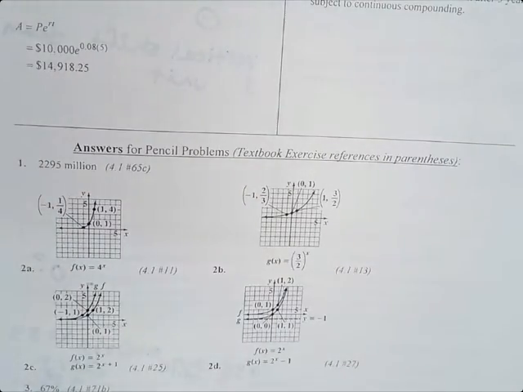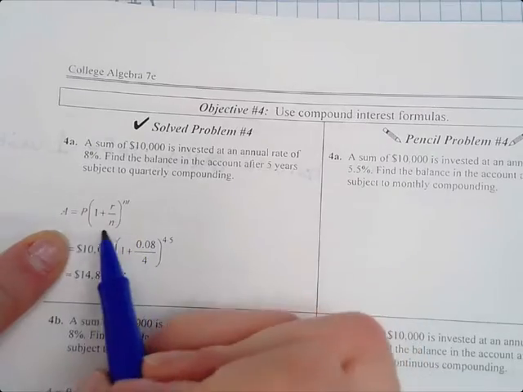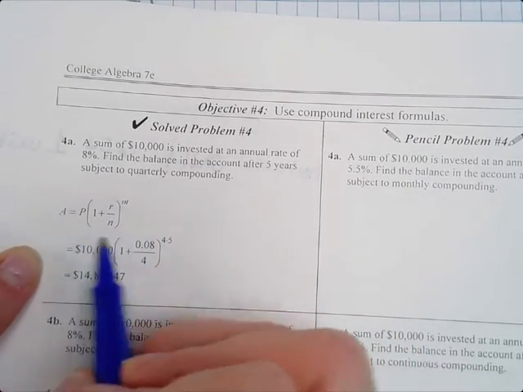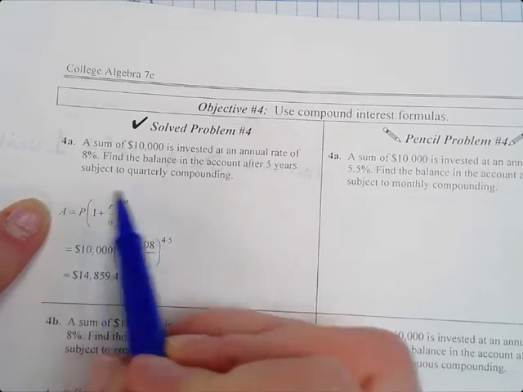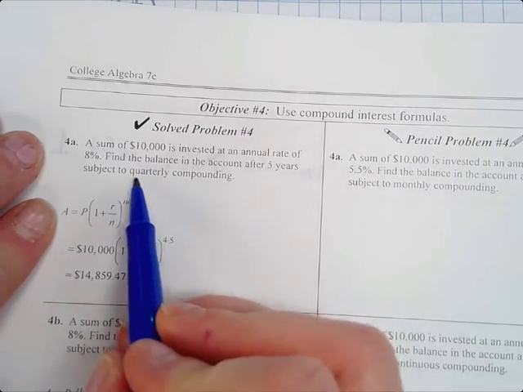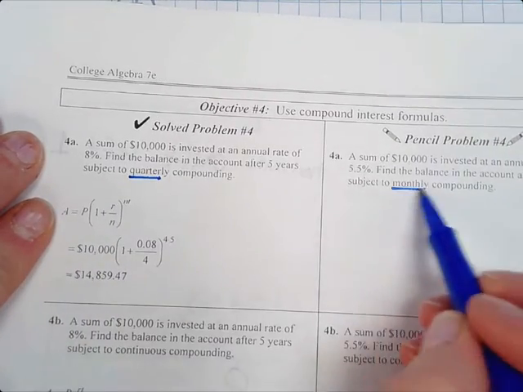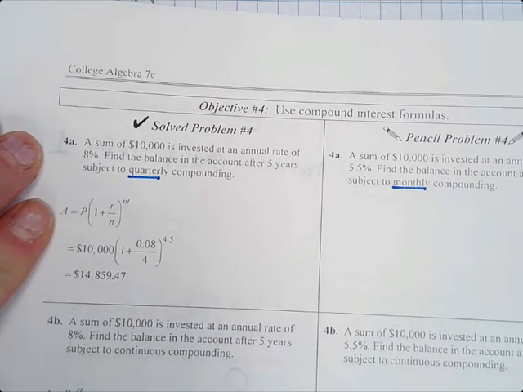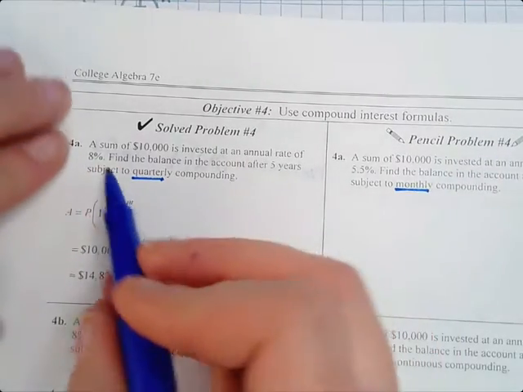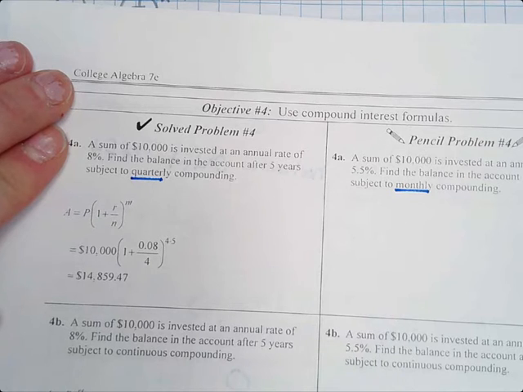Okay, and the last two problems deal with compound interest formulas. So this is the formula for compounding interest, depending on if you're doing quarterly or monthly. A sum of 10,000 is invested at an annual rate of 8%.